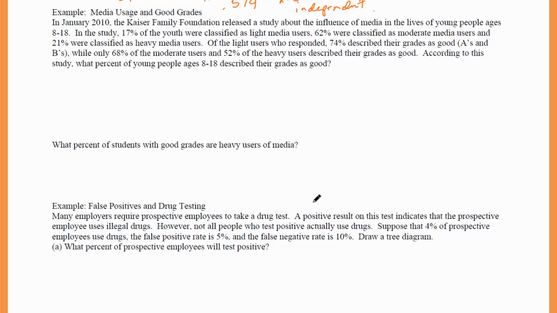So there are really 3 different ways in which this could have happened. Their grades could be good. This is what we're interested in, the probability they have good grades. The grades would be good if they were a light media user whose grades were good.